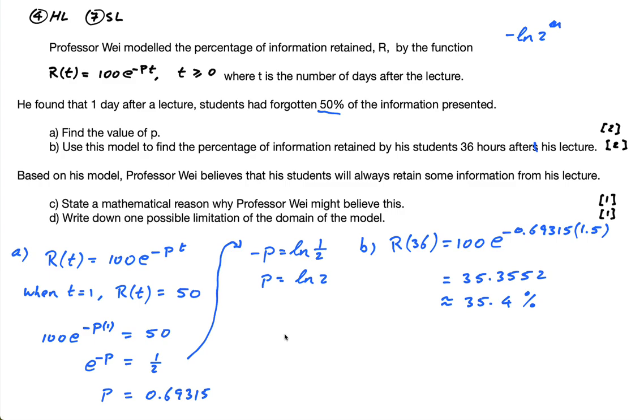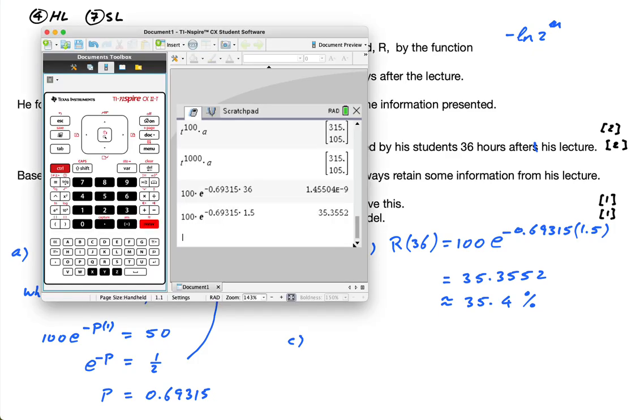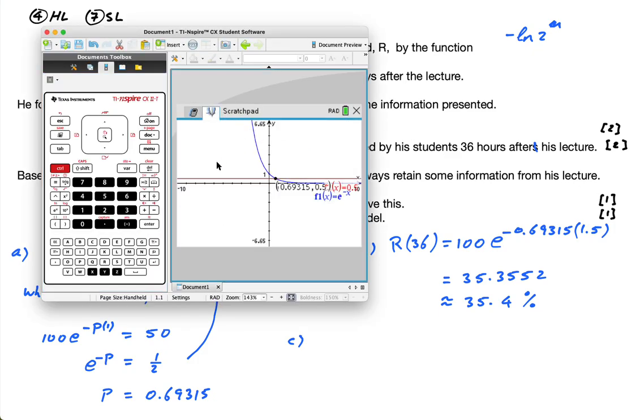Okay, part C. Based on his model, Professor Wee believes that his students will always retain some information from his lecture. State a mathematical reason why he might believe this. Okay, well, let me draw you the actual graph. I'm going to draw 100 times e to the power of negative 0.69315x.